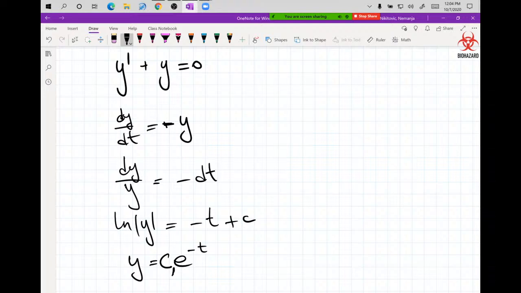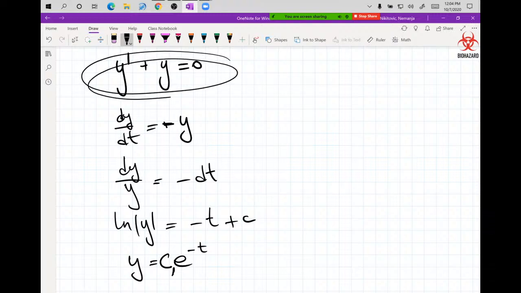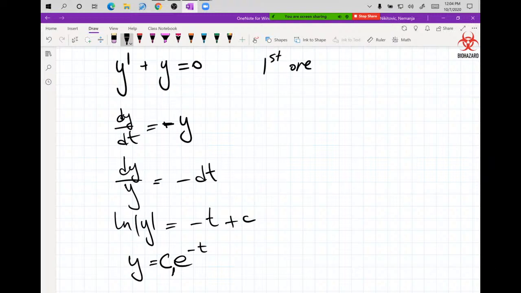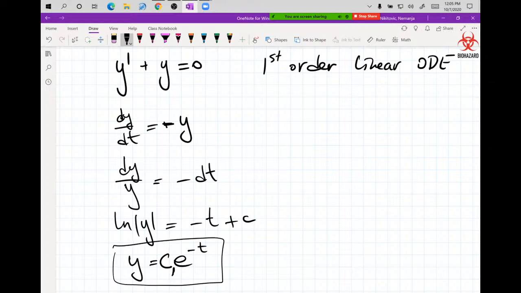So we learned that if you have a first order linear ODE, the solution is of the form C e to the rt.